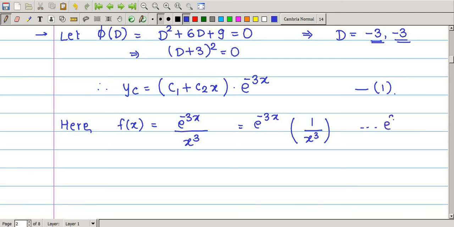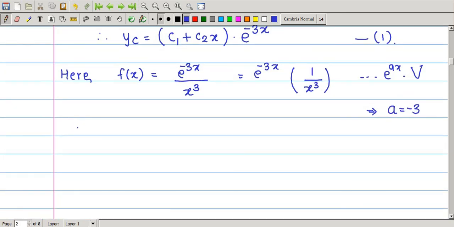So it is in the form of e raised to ax into v. This will imply value of a is equal to minus 3. And since our shortcut method formula is, if we operate auxiliary equation on e raised to ax into v, this is for our understanding. It is not required to mention this formula in exam.